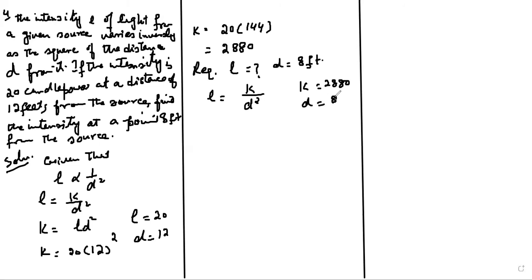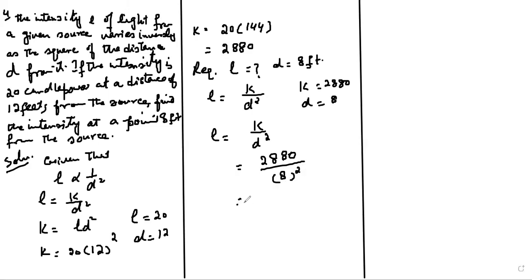We have L equals to K over D square, 2880 divided by 8 square.